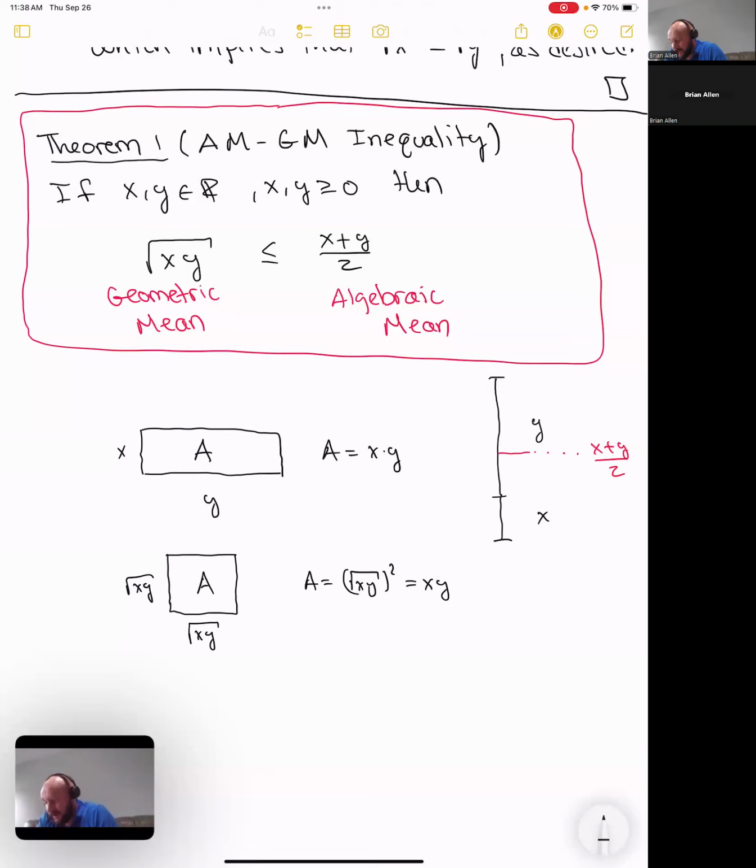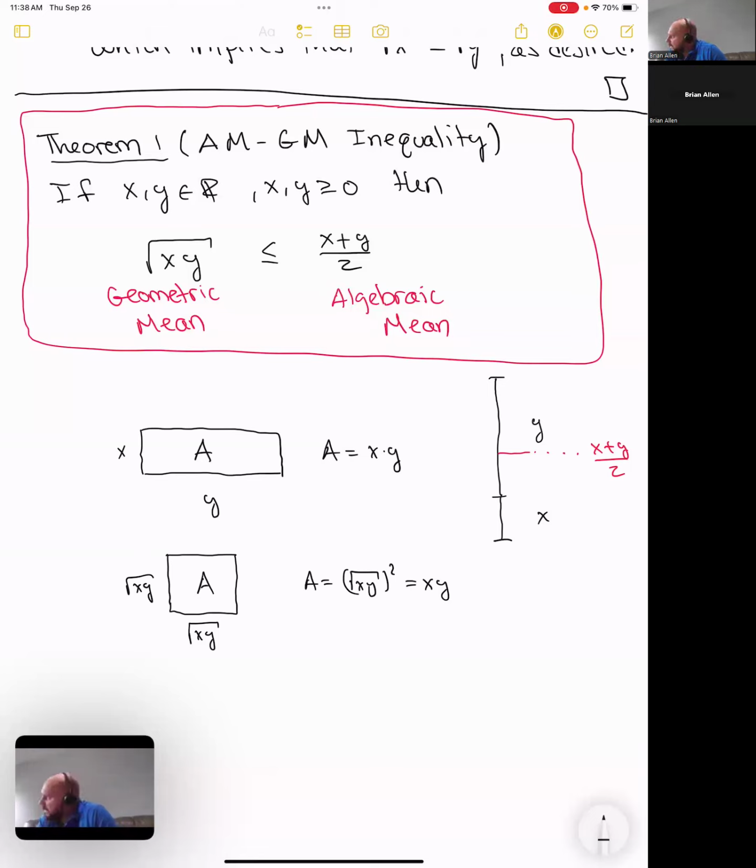And what makes the inequality interesting is that apparently, no matter what, if you take two non-negative numbers, the geometric mean will always be smaller than the algebraic mean. Okay, and I just want to mention, I'm not going to make a big connection with this, but if you've seen linear algebra before, or when you see linear algebra in the future, this will be related to the determinant, which is what you see on the left if it's a small matrix, and the trace.